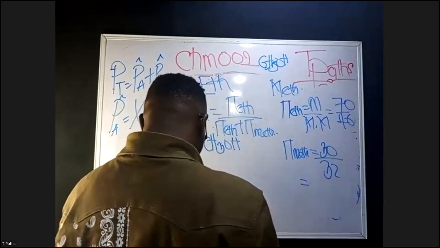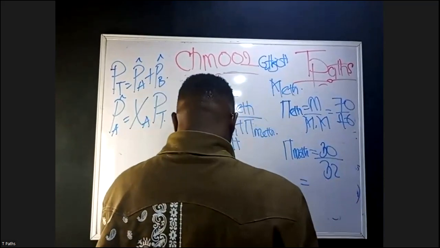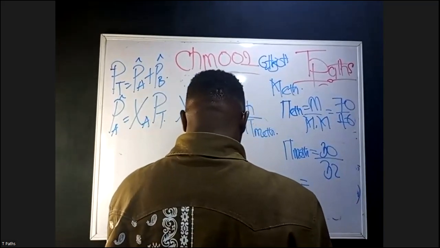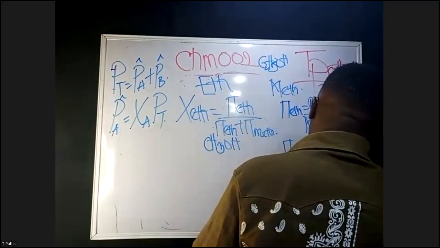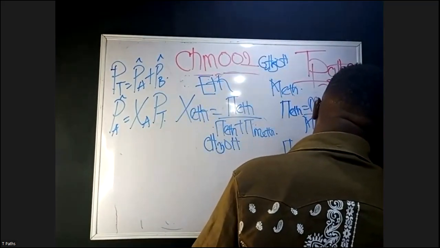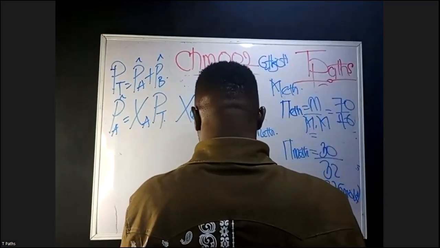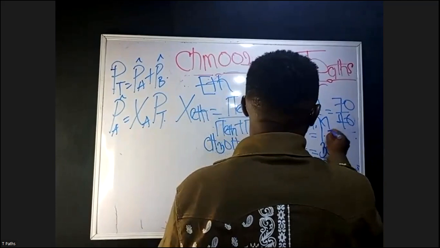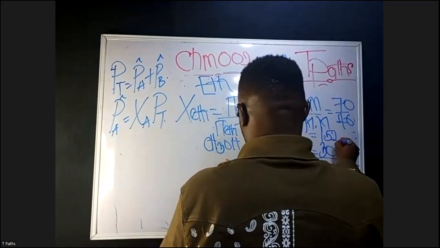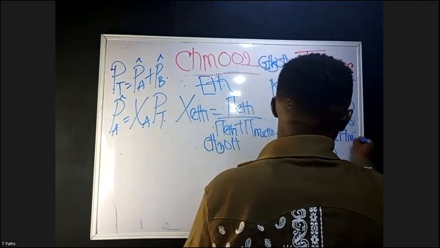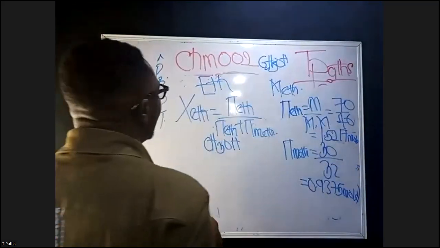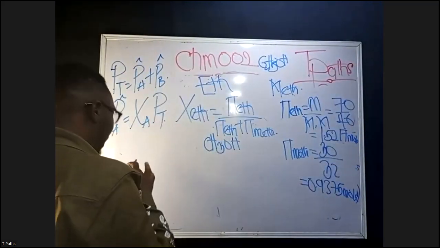So 30 over 32. 30 divided by 32 is 0.9375 mole. And 70 divided by 46 is 1.5217 mole.